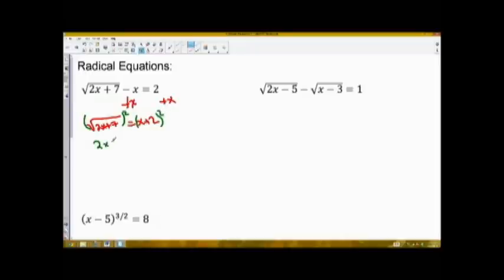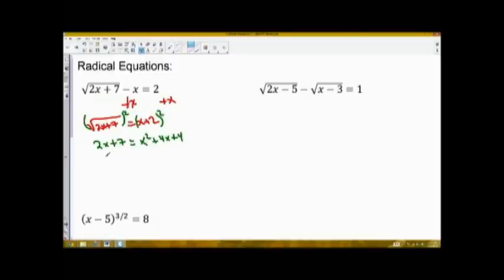And I end up with 2x plus 7, because the square and the square root will cancel out, equals this squared, which when I FOIL will be x squared plus 4x plus 4. So that's using the perfect square property. You could also write this as x plus 2 times x plus 2 and FOIL it out. Whichever way you choose, you'll get this.